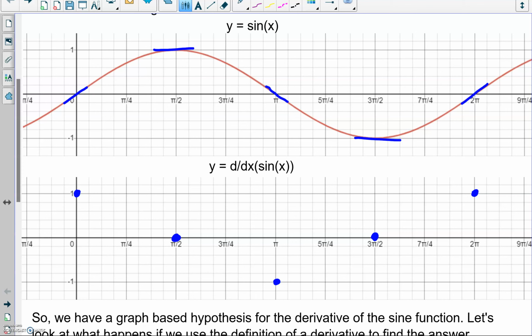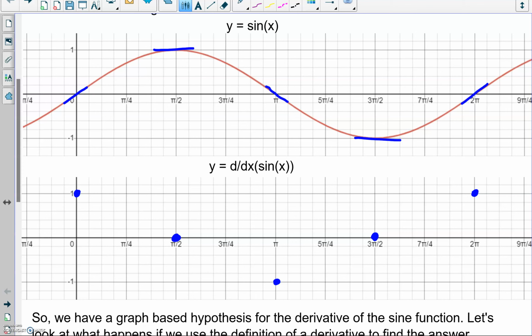You could spend a lot of time drawing tangent lines, counting the slopes, and plotting them, but I'm going to take more of an estimating approach. When I look at the graph of the sine between 0 and pi over 2, the slope stays close to 1 for quite a bit, and then maybe out around pi over 4 it really starts tailing off, getting smaller slope values, reducing down to 0.